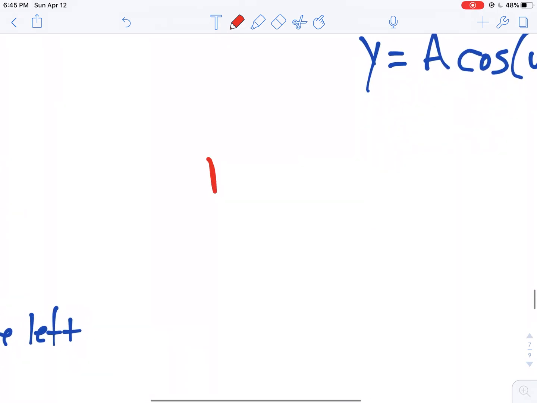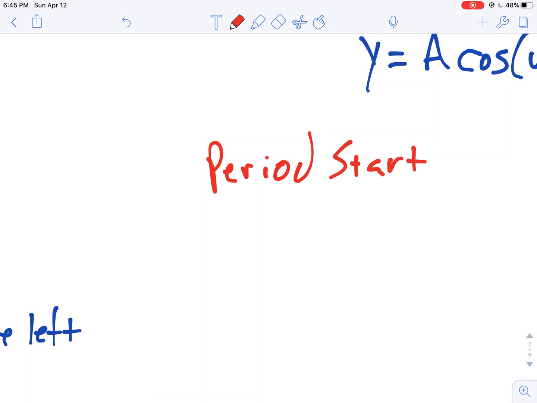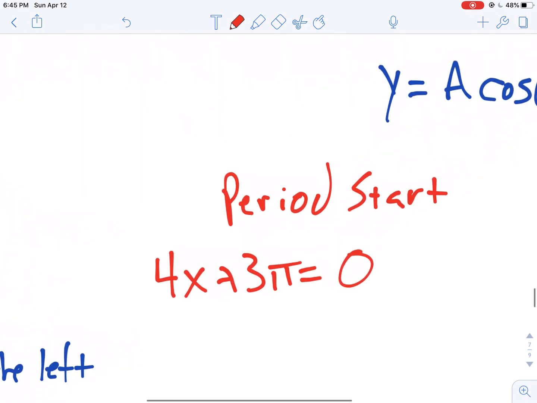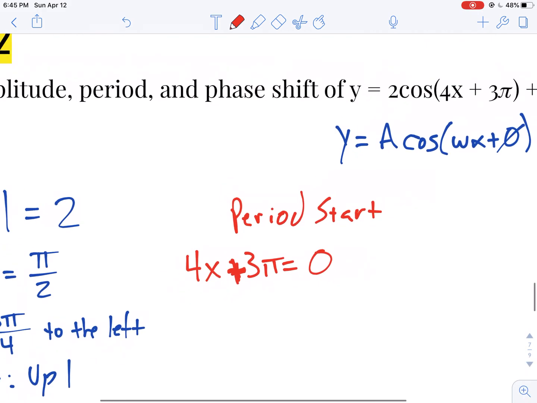So my period will start at 4x minus 3 pi is equal to 0. Plus 3 pi, I apologize. So I'm going to add 3 pi. I'm going to say 4x plus 3 pi is equal to 0. I'm going to take what's inside of that cosine.